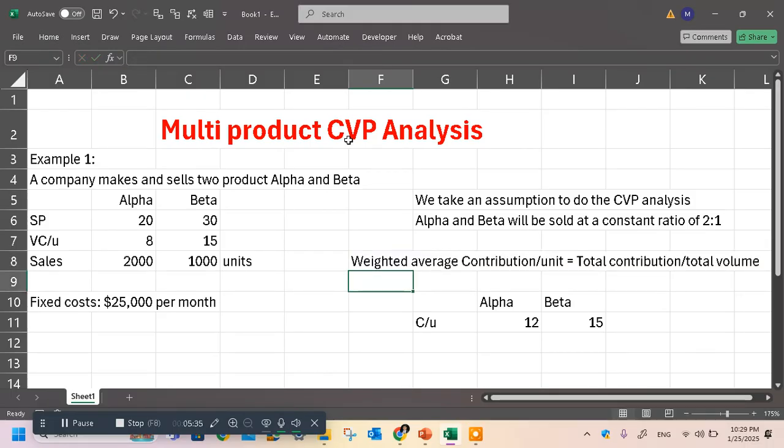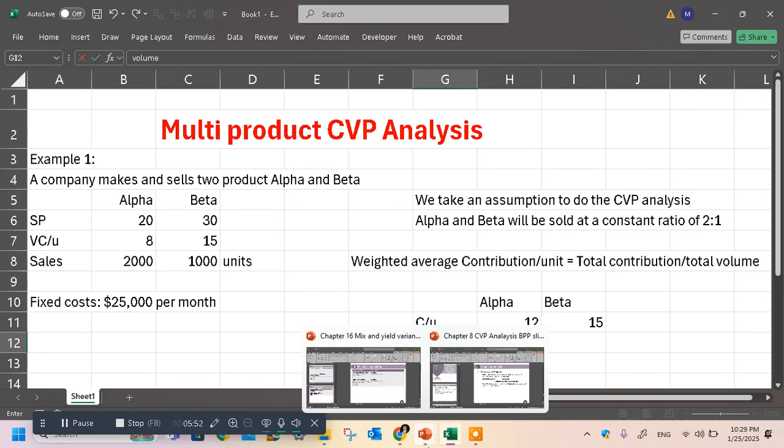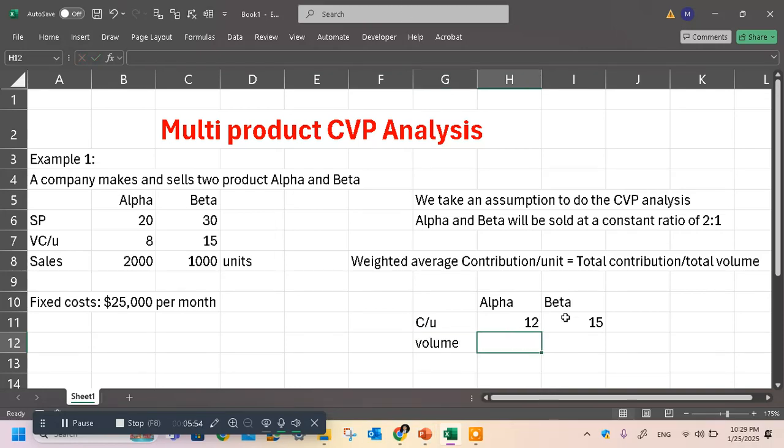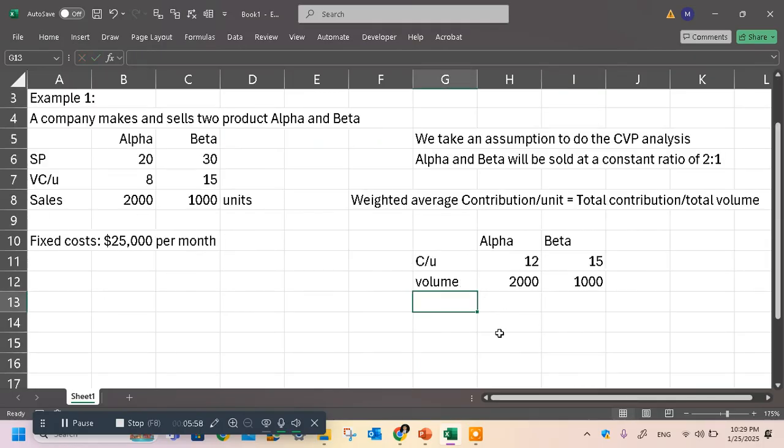What is the meaning of that? From all 3000 units, how much contribution do you get? Find that, and divide it by 3000. You get the average contribution from one unit. That is what you call weighted average contribution. So here, let me write volume: 2000, 1000. Weighted average contribution per unit, WAC/U.